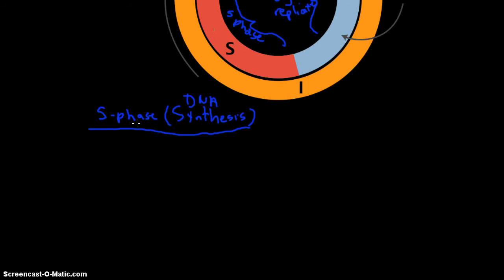So in S phase, the cell synthesizes its genetic material so that each daughter cell has identical copies. Let's write that down. The cell synthesizes its genetic material.